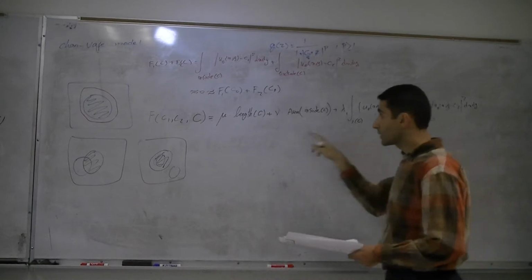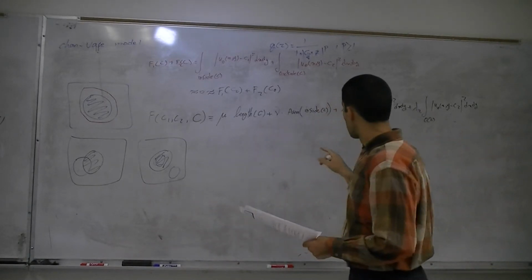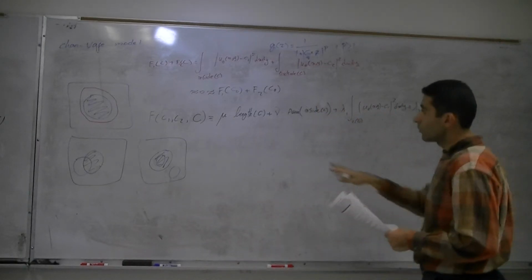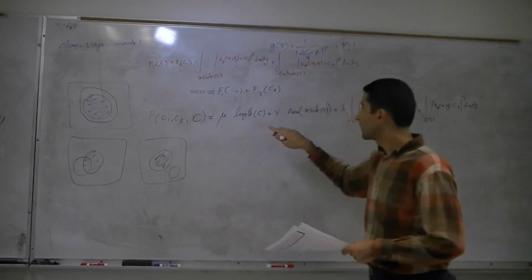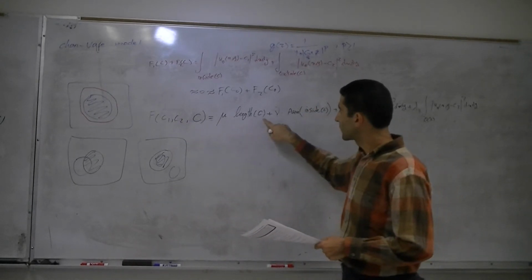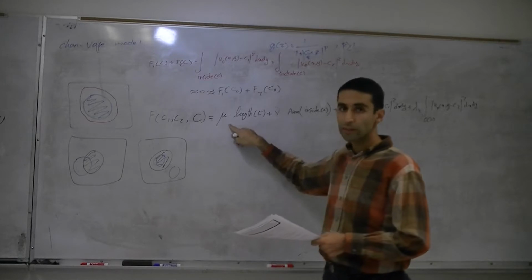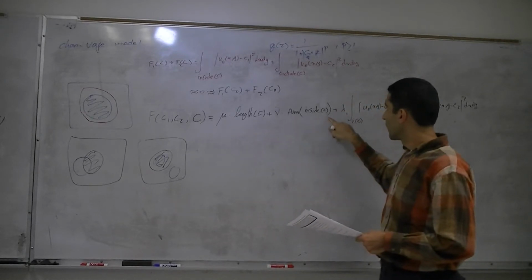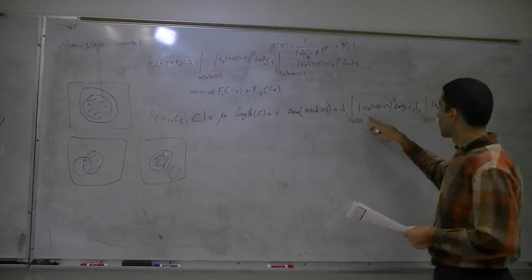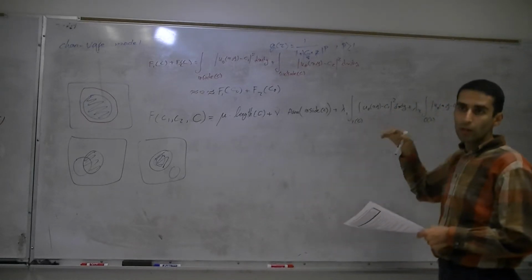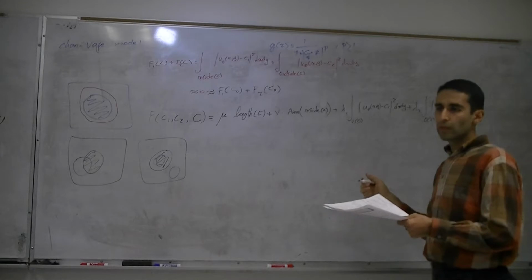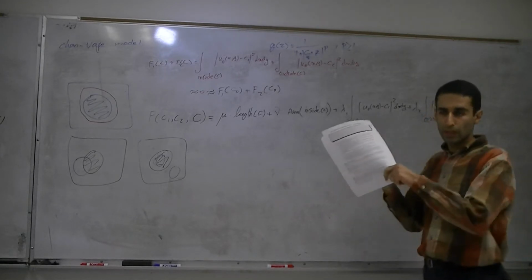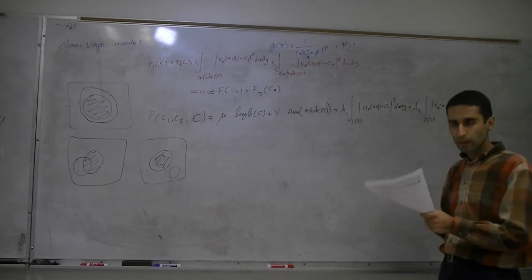In this, we want to find the minimum of this function. It means we want the shortest length of C with the minimum area, and the inside of the curve is more or less similar.